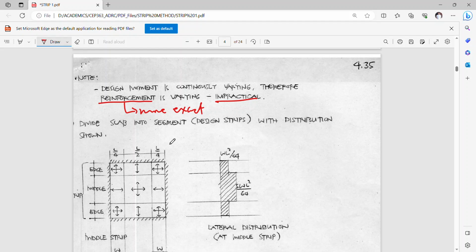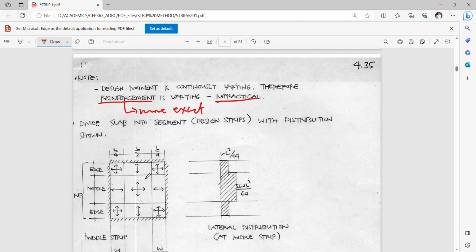That's why this method is tagged as a strip-based approach, since dividing it into segments gives you the possibility of satisfying the variable moment requirement while making it practical to implement in construction, since by segment we can introduce a uniform spacing on that particular strip.